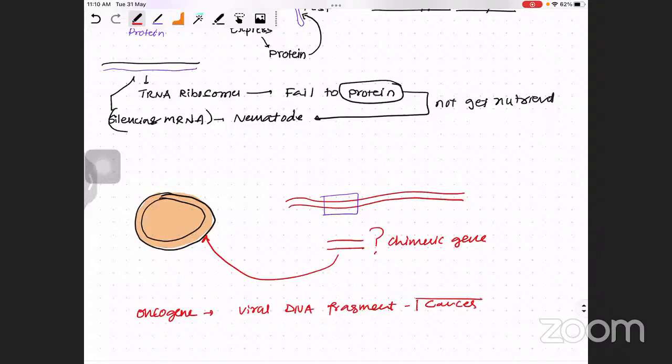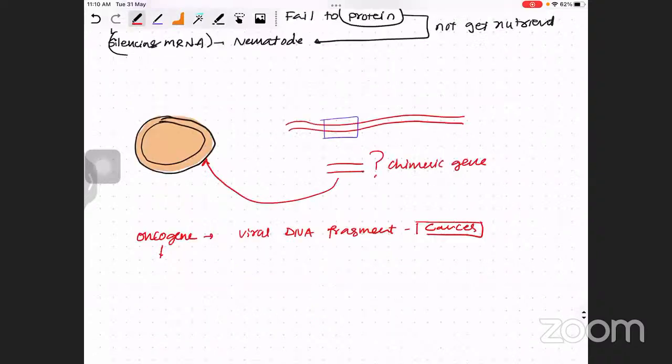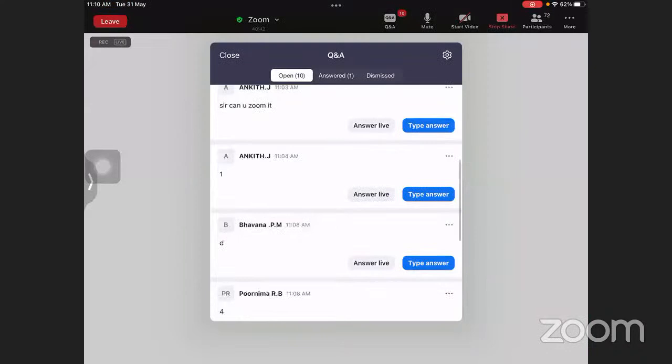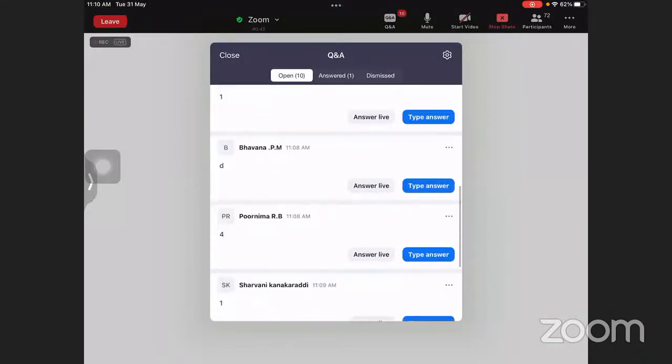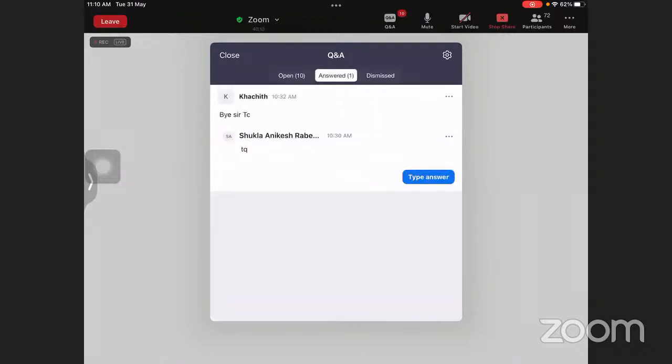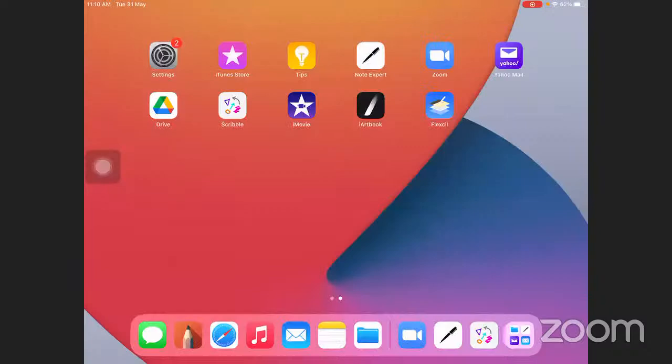So cancer causing viruses, we call them oncogenic virus, and they contain a gene called C-onc gene. Hope you will remember this. Oncogenic viruses are the ones which cause cancer, and C-onc is the gene associated with it. Is that clear? Shall we move on to the next question?